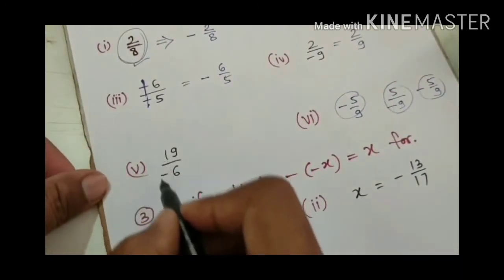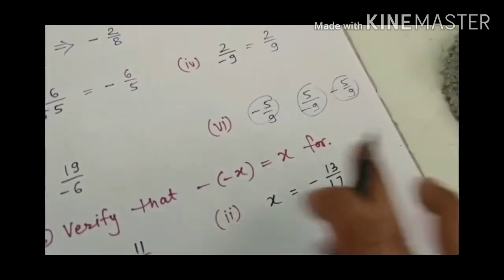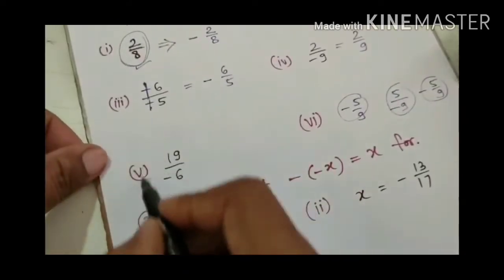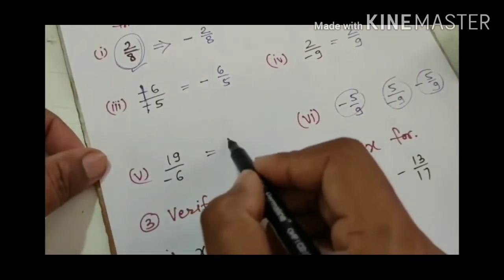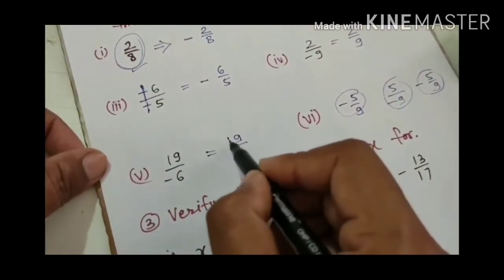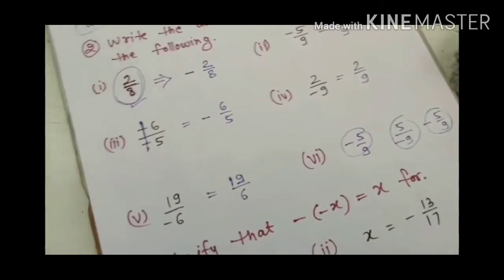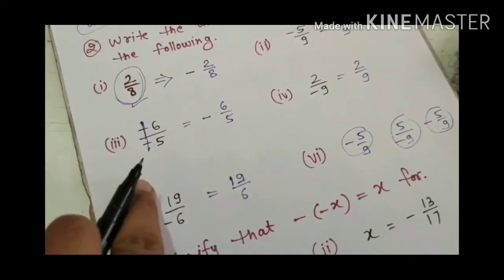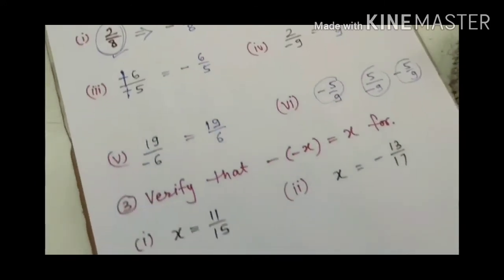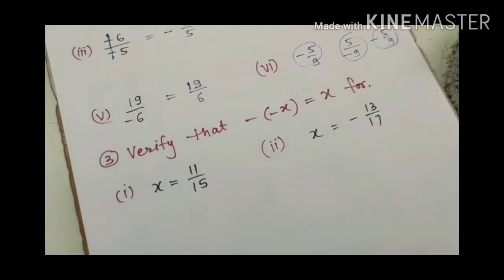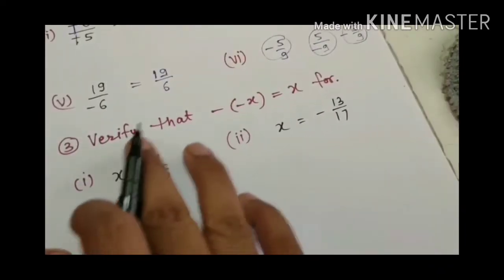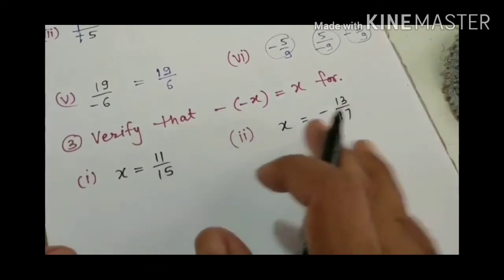Just change the sign. See here that minus is there, so it doesn't mean that the complete number is minus. So that's it, just think about it. That's done. In this way you have to solve. Now let's go to question number 3.